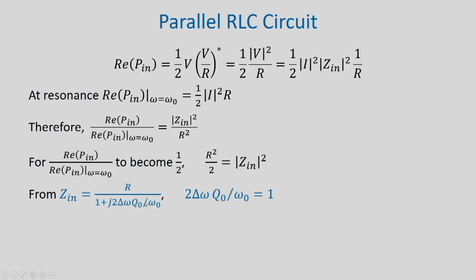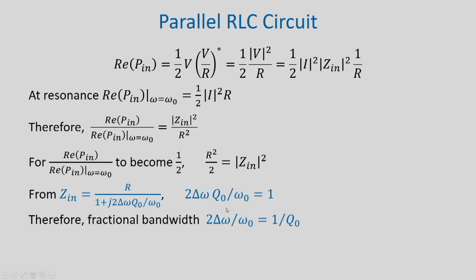From this expression, we can see that mod Z in square will become R square by 2 when 2 delta omega Q naught by omega naught is equal to 1, and the fractional bandwidth is given by 2 delta omega by omega naught.